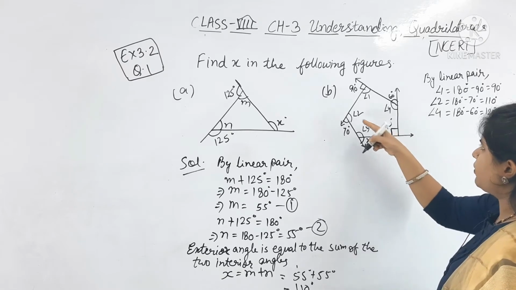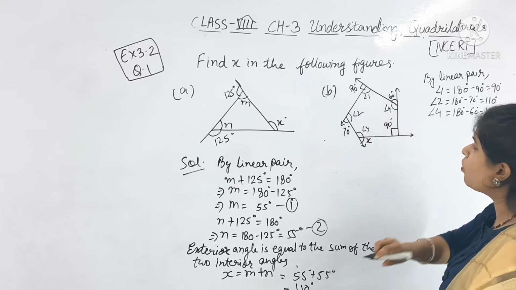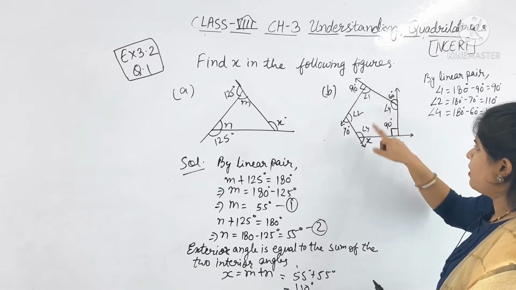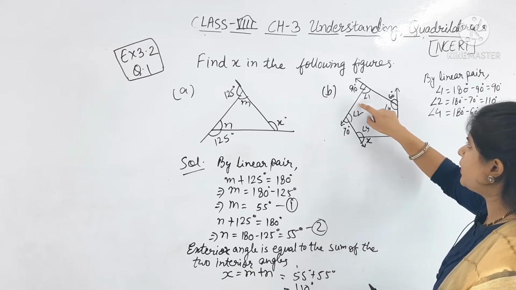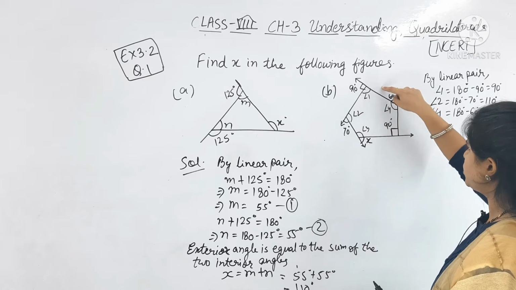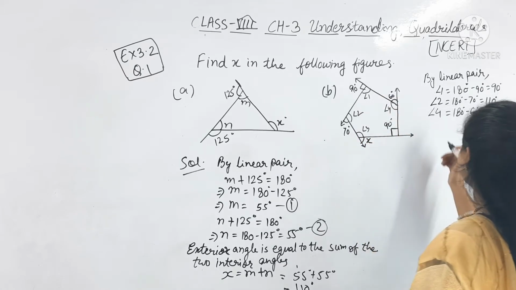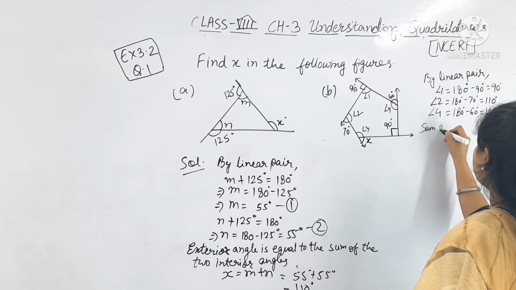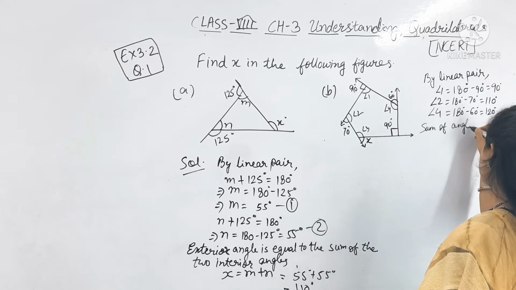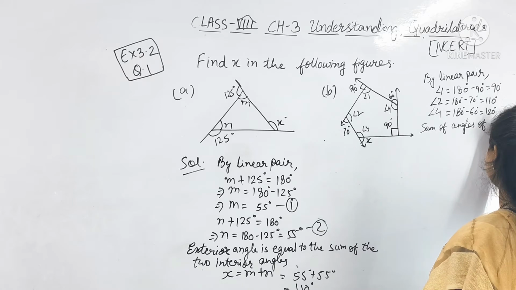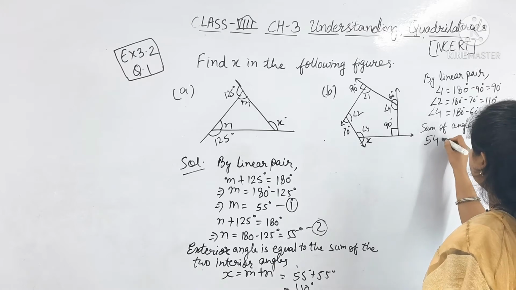For angle 3, we have to know which polygon this is. How many sides do you count? 1, 2, 3, 4, 5. 5 sides are there, so it is a pentagon. We know that the sum of the angles of a pentagon is equal to 540 degree.